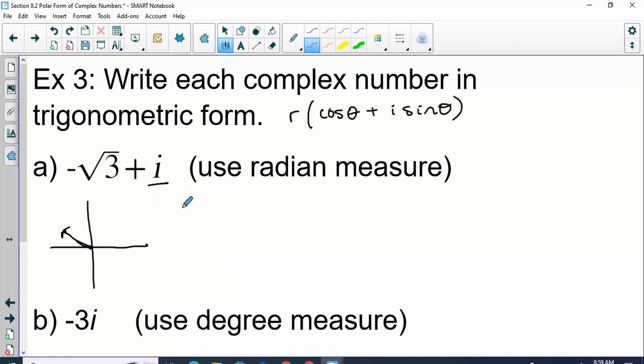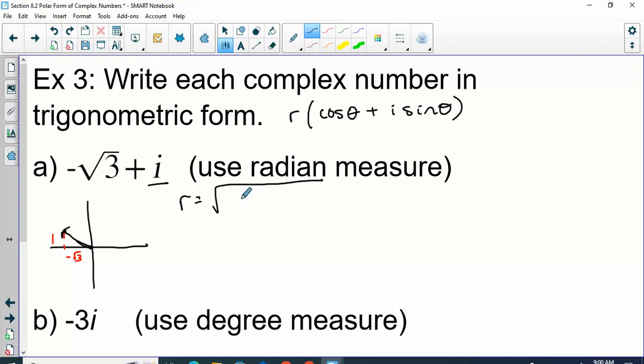So we need to get our r, which is just like finding the magnitude, if you think of it as a vector. Square root of a squared plus b squared. We can think of this as like a triangle. The side was negative radical 3. You go up 1, so a Pythagorean theorem type thing.